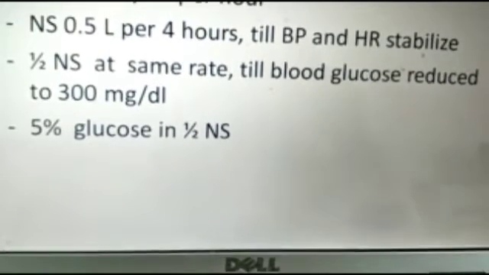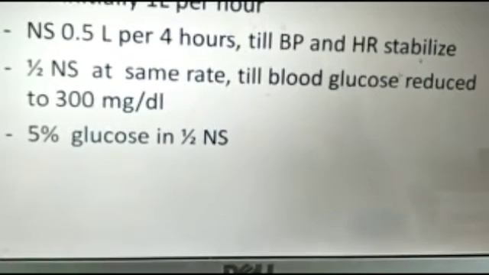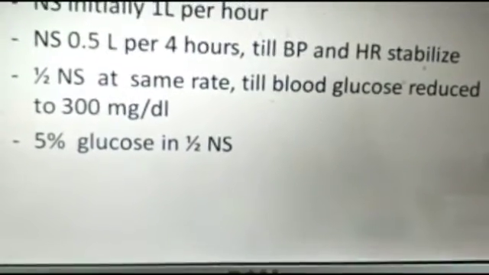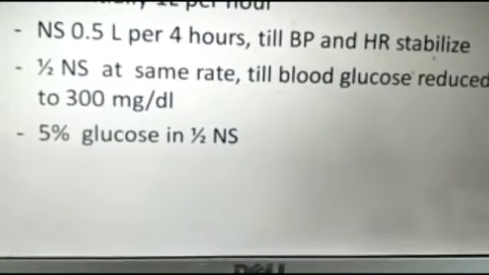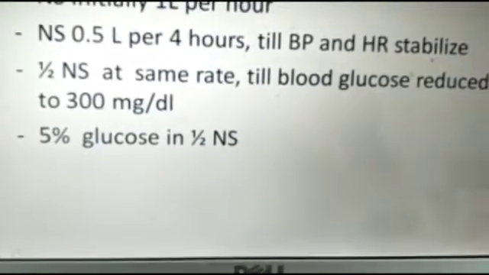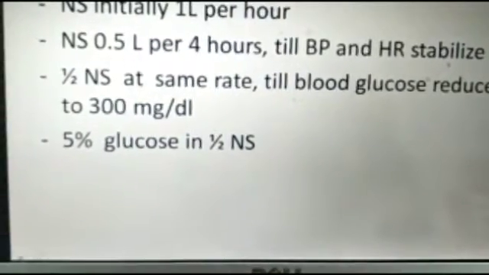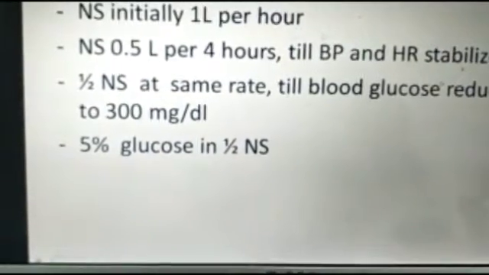Because we are giving insulin treatment at the same time, we have seen the dosages in the previous slide, it will decrease the blood glucose level. Once the level is 300 milligrams per deciliter, 5% glucose is added in half normal saline for maintaining the hepatic glycogen stores and to maintain the blood glucose levels.